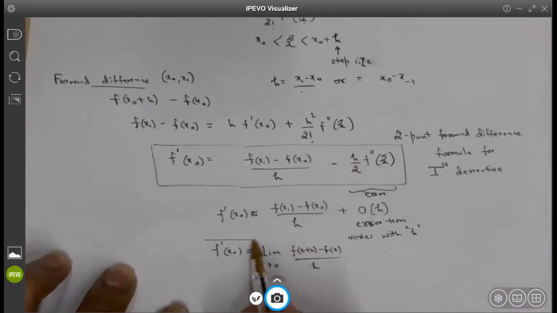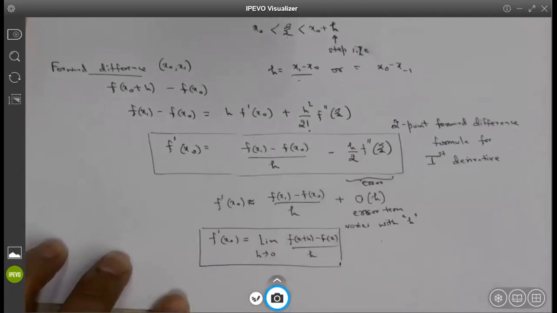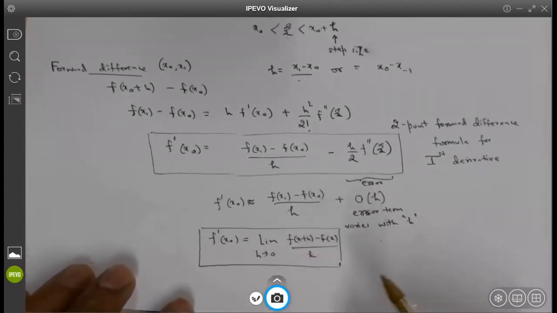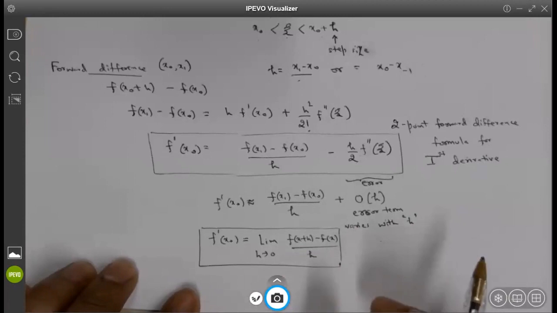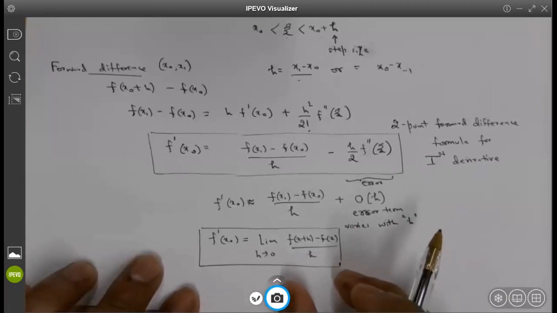This is the actual definition of your first derivative from first principles.